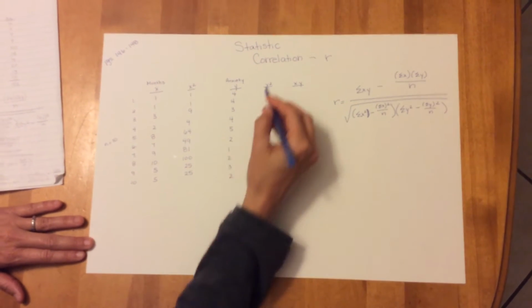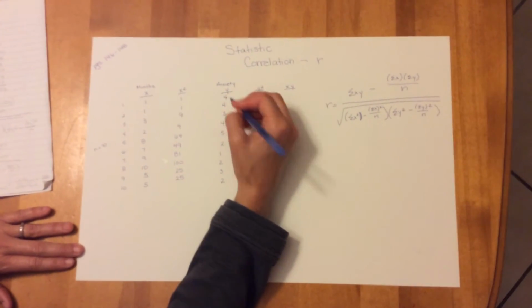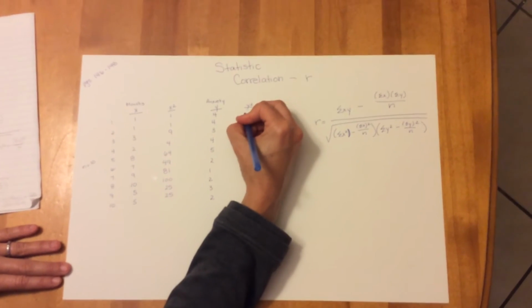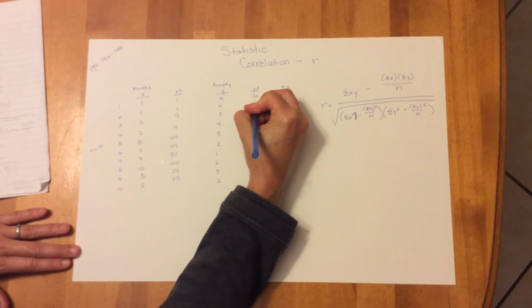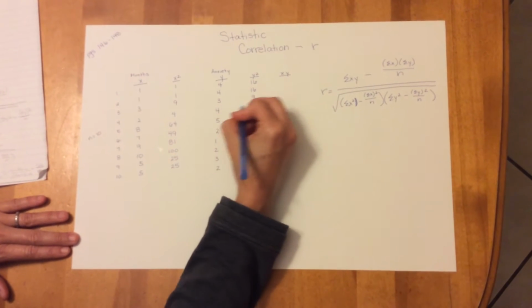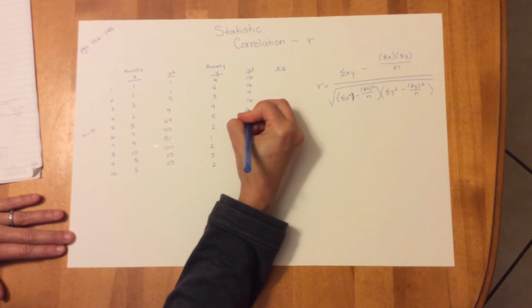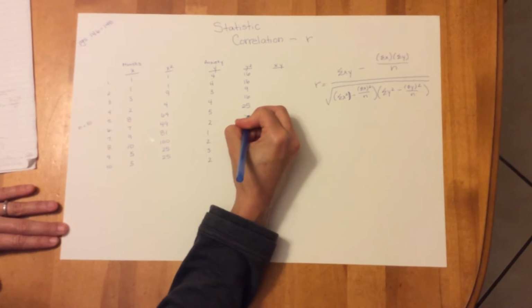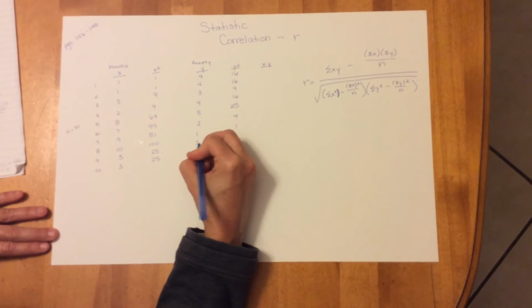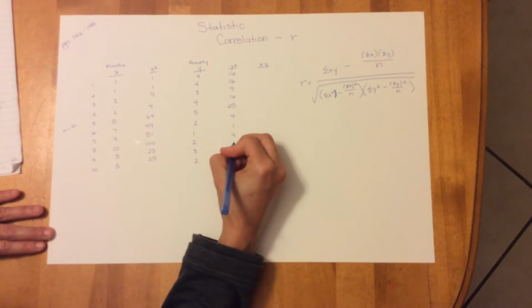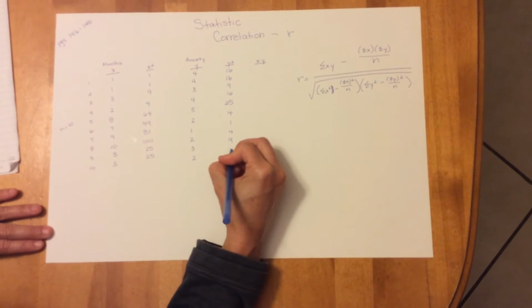Okay? You're going to have a y squared column, and you're going to take each y and square them. 4 squared is 16, 16, 3 squared is 9, 4 squared is 16, 5 squared is 25, 2 squared is 4, 1 squared is 1, 2 squared is 4, 3 squared is 9, and 2 squared is 4.